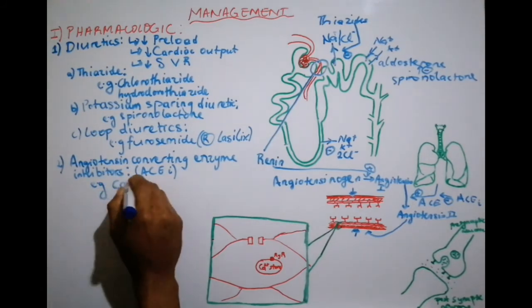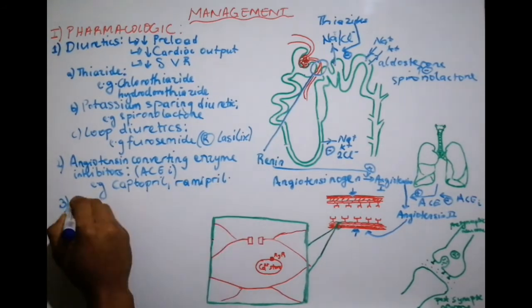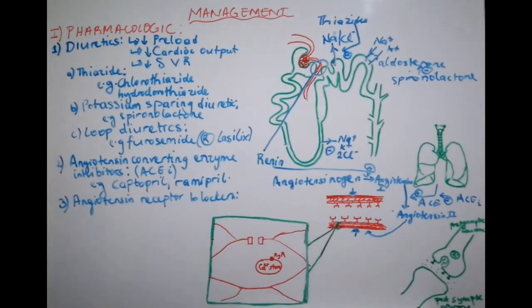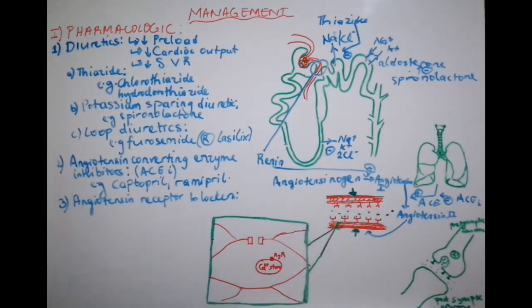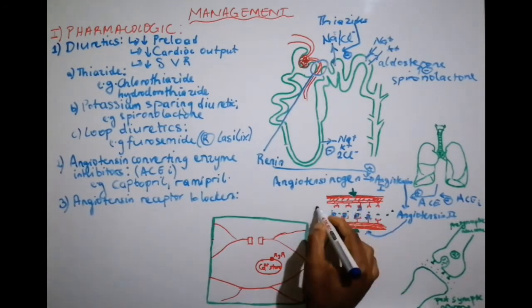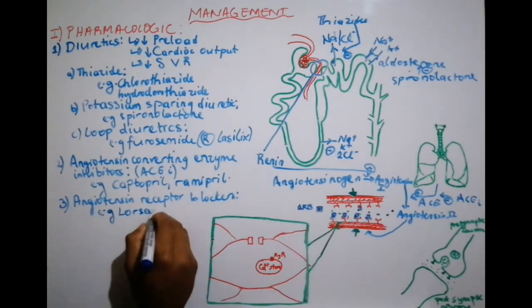Examples of such medications include captopril and ramipril. Angiotensin receptor blockers function by blocking the action of angiotensin 2 by binding to its receptors on smooth muscles. Examples include losartan and valsartan.